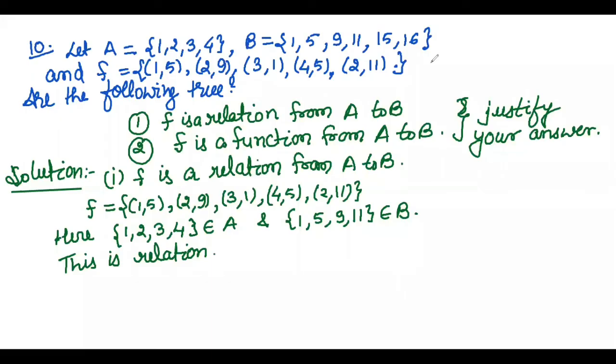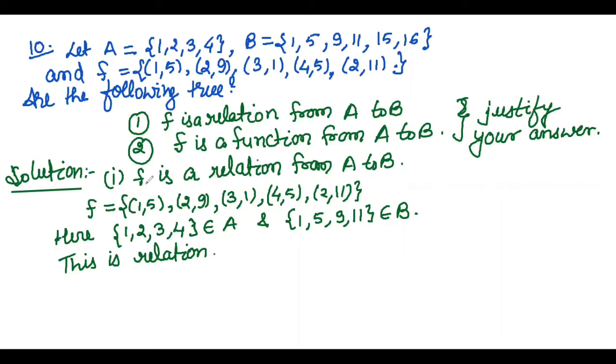Now question number 10. Here two sets are given. Set A equals to 1, 2, 3, 4. Set B equals to 1, 5, 9, 11, 15, 16. And F is there (1, 5), (2, 9), (3, 1), (4, 5), (2, 11) ordered pairs. So here two questions are there. F is a relation from A to B and F is a function from A to B. If these are true, then we have to justify our answer.